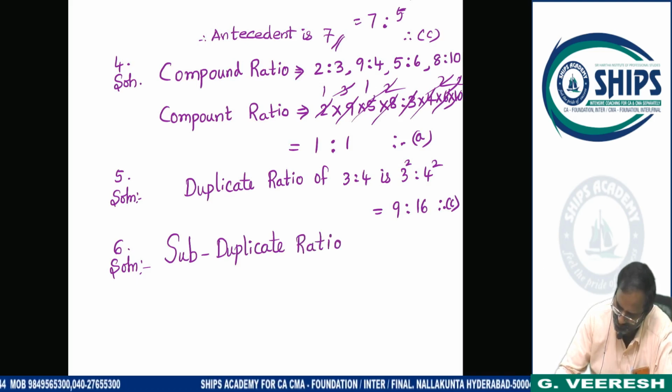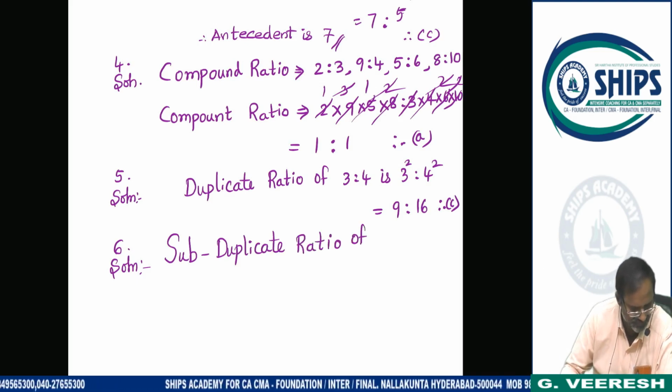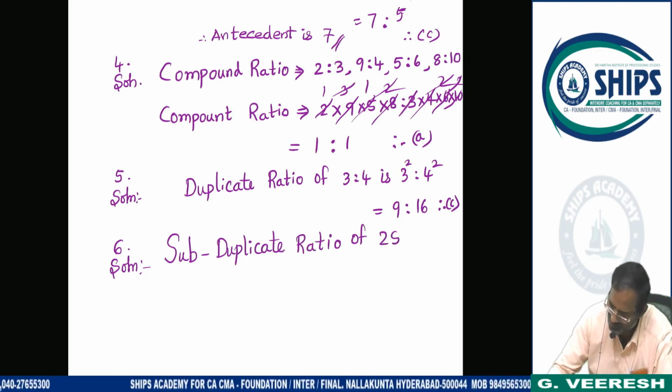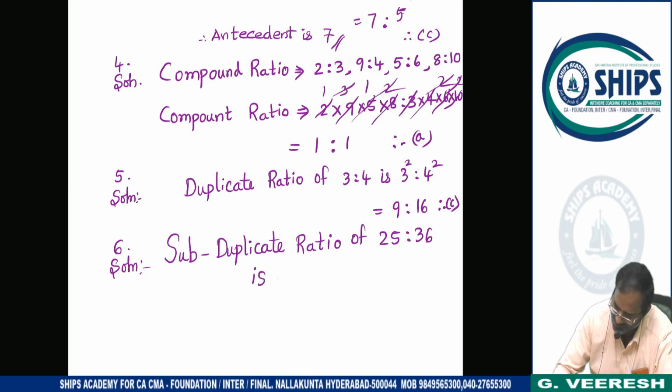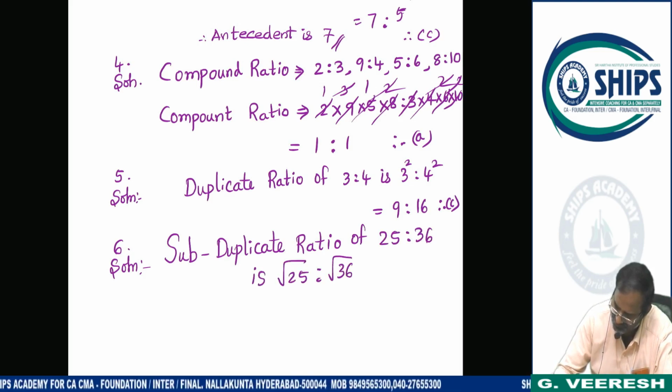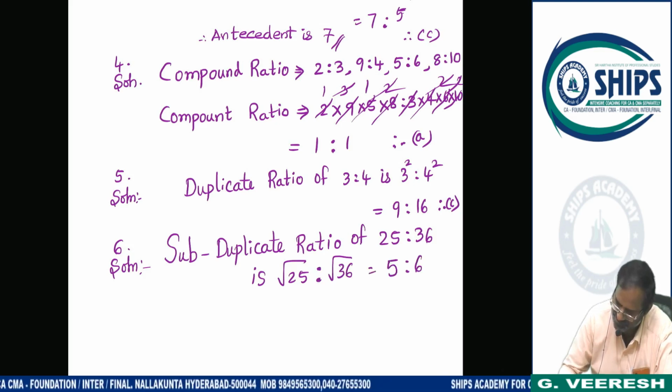Subduplicate ratio of 25:36 is the square root of 25 and the square root of 36. So it is nothing but 5:6.